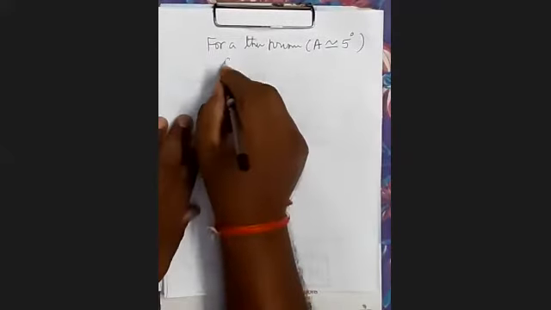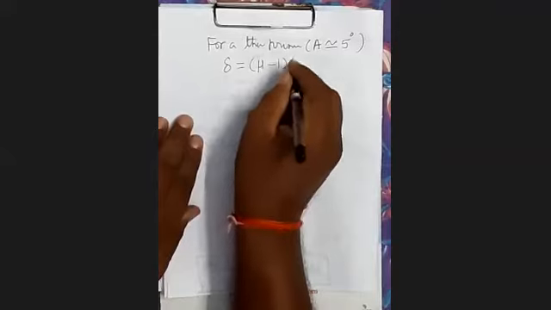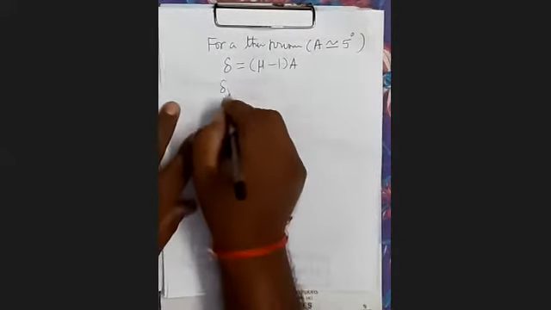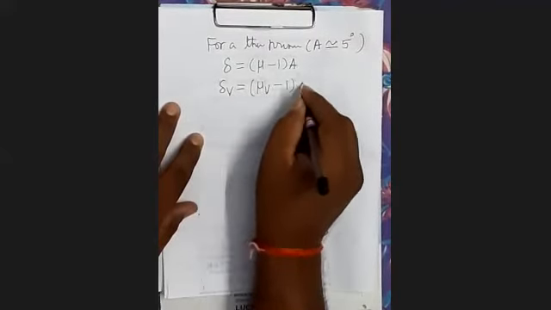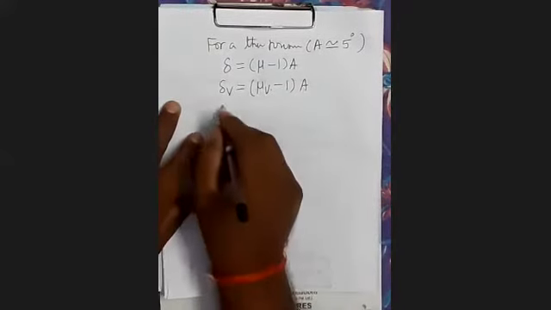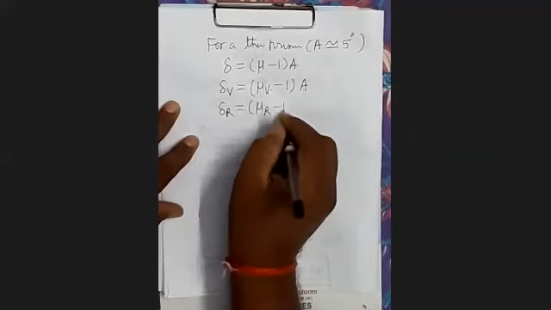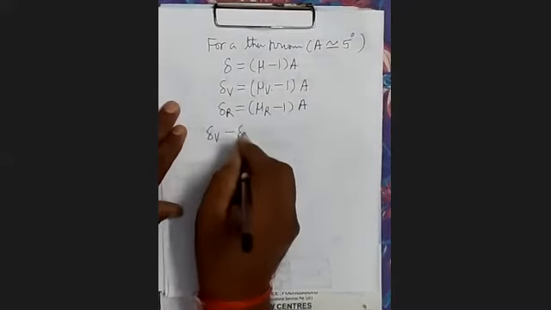So we know the relation delta equals mu minus 1 into A, or n minus 1 into A. So what will be delta V? It will be mu V minus 1 into A. Mu V means refractive index of violet color. Delta R will be mu R minus 1 into A. So what is delta V minus delta R?